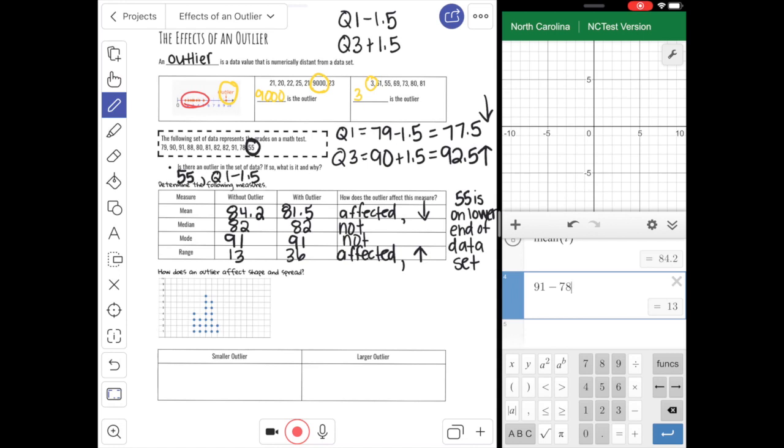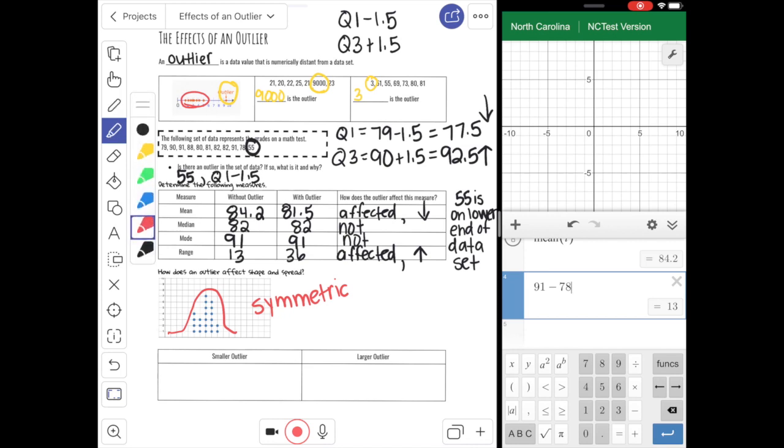So now the question is, how does an outlier affect the shape? When I look at this graph, we normally think about shape: we have symmetric, skewed left, and skewed right. In this particular situation, I have that bell shape, so this is a symmetric example. What happens if I have an outlier that is smaller, on the lower end?